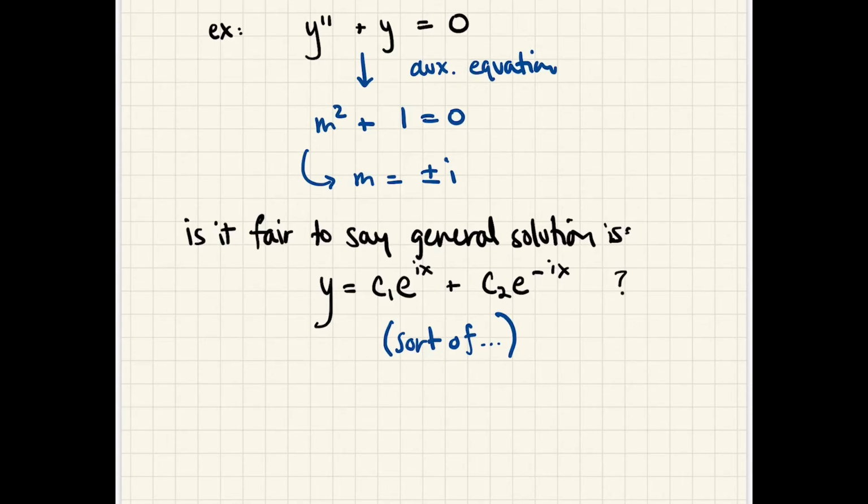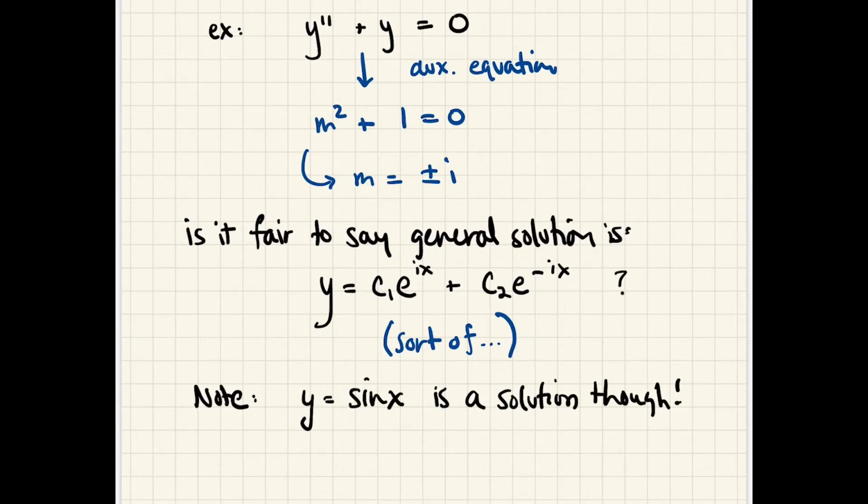Now, in theory, the general solution ought to represent every possible solution to the differential equation, and it does. That's what a general solution does. However, let's just look at this particular differential equation, and let's note that y equals sine of x is a solution. Why is that? Because the first derivative of sine is cosine, and the second derivative of sine would be negative sine, and negative sine plus sine is 0.